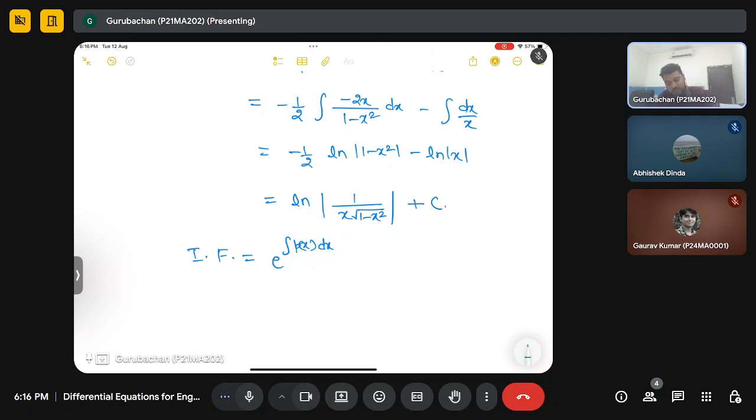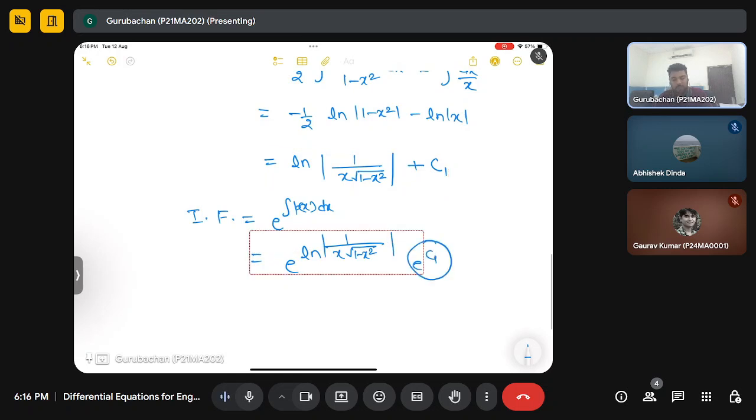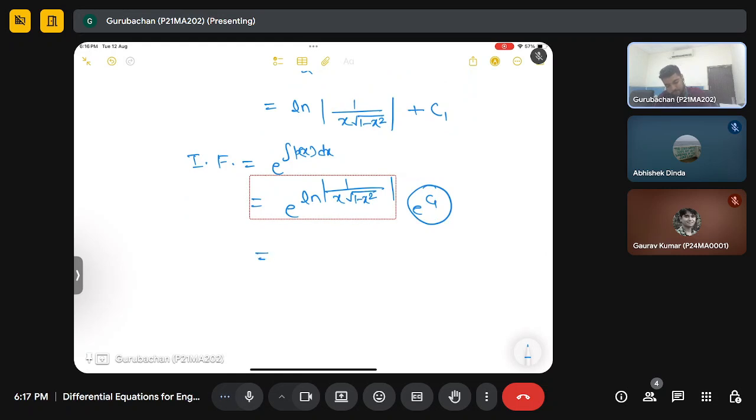So for the time being, let it be c1. This will give you e to the power ln of 1 by x times the square root of 1 - x^2, times e to the power c1. Now this e to the power c1 we'll keep as it is, and the other factor will be the square root of 1 - x^2 divided by x. Now the integrating factor can be any multiple of this particular part.